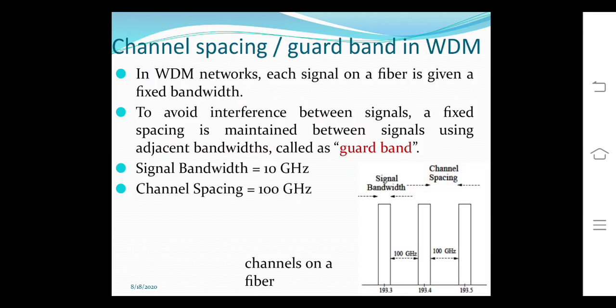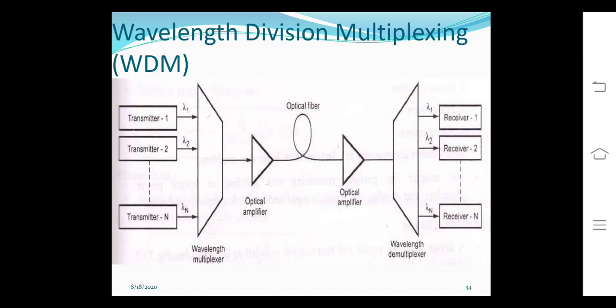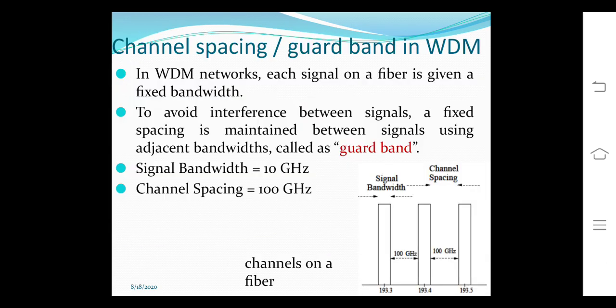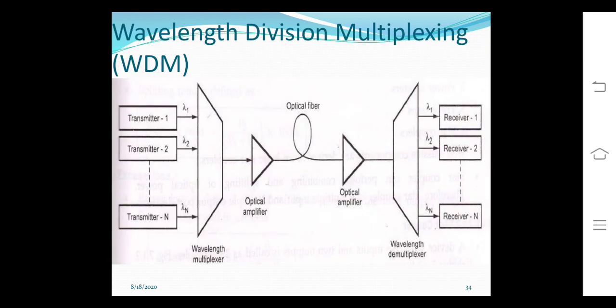So the guard band is the spacing between these two frequencies, and that will be maintained to avoid the overlapping of these frequencies. That helps to avoid the data overlapping.